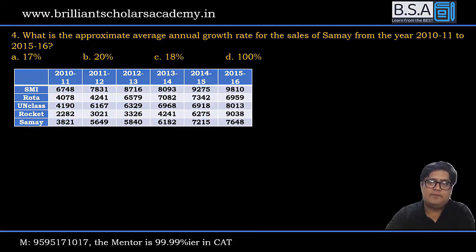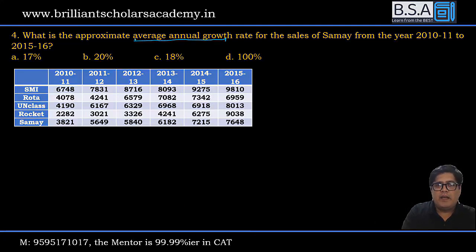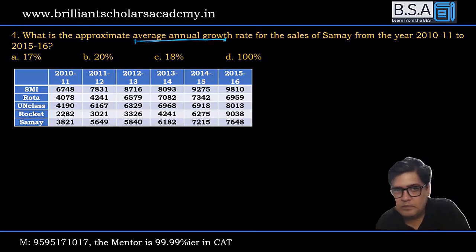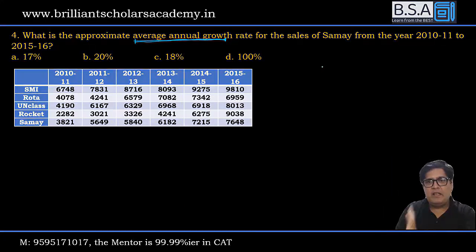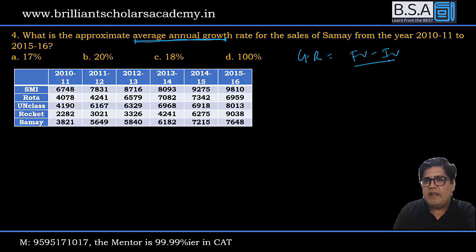Try this. What is the average annual growth rate? So first thing, what is growth rate? Growth rate is final value minus initial value upon initial value into 100.